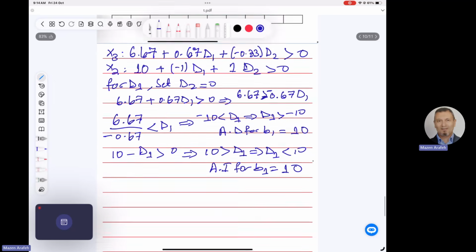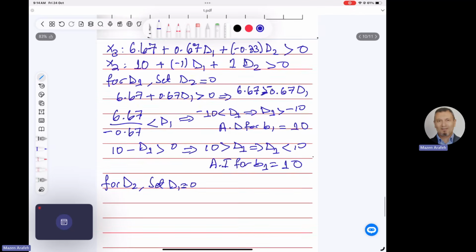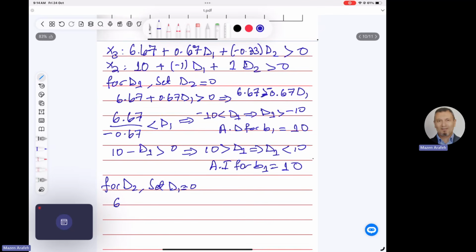Okay, now to solve for d2, we set d1 equal to 0. Again using the same two equations, I have 6.67 plus 0.67 times d1, and d1 is 0, so this is minus 0.33 d2 greater than 0.